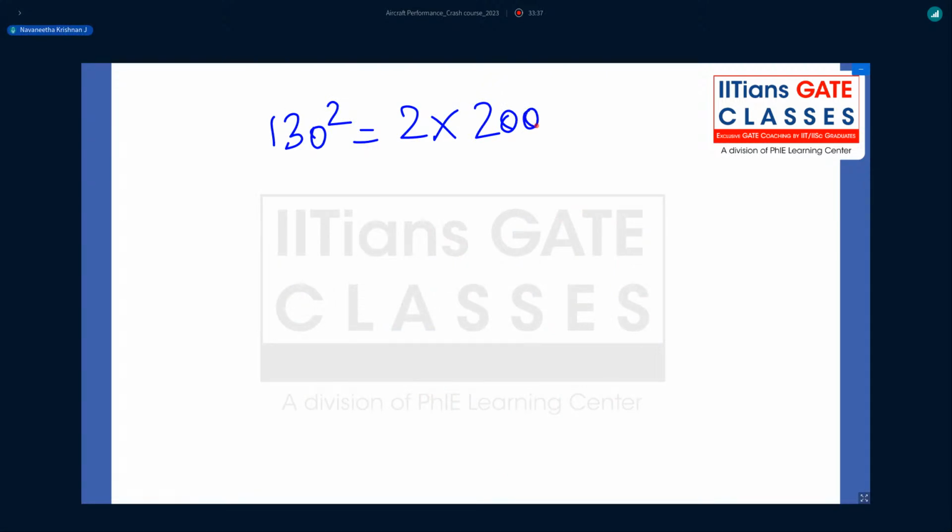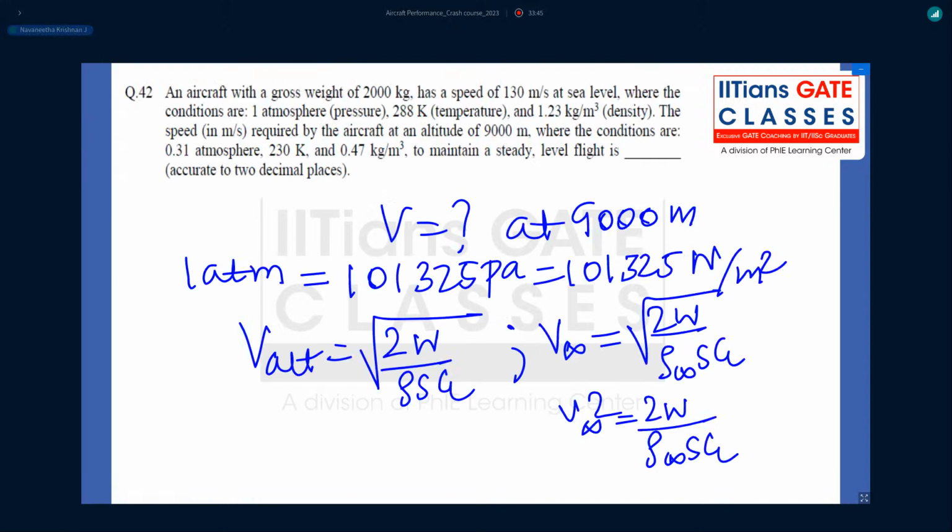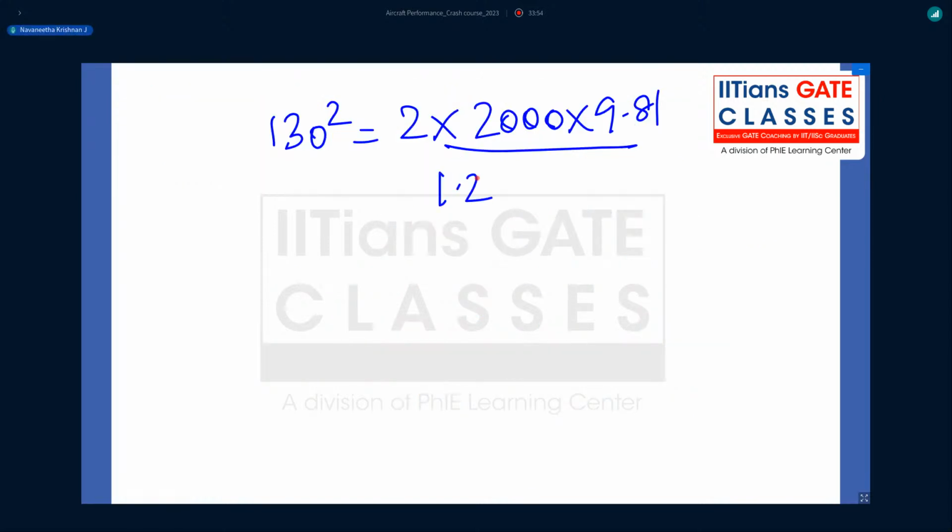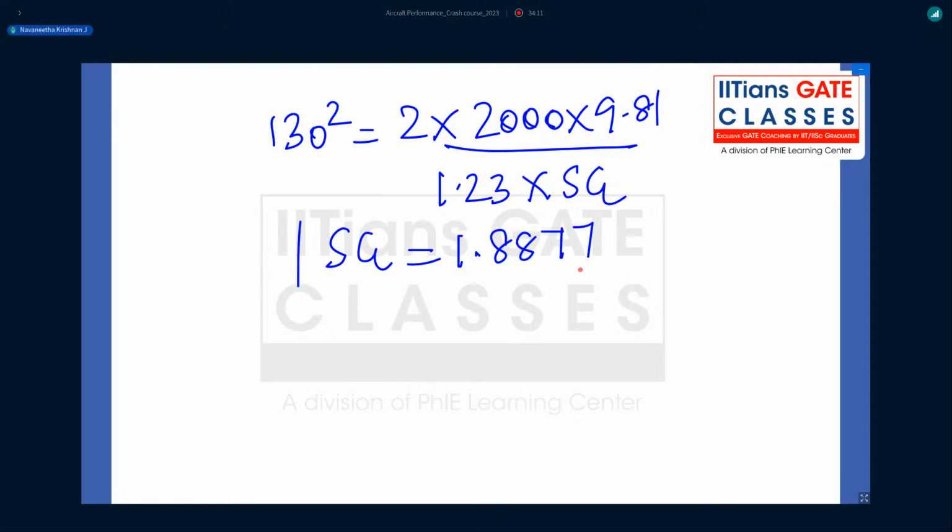Mass is 2000 kg into acceleration due to gravity 9.81, divided by rho infinity, which they gave as 1.23 kilogram per meter cube, into S into CL. The only unknown value is S into CL. So we can find S into CL as 1.8877.